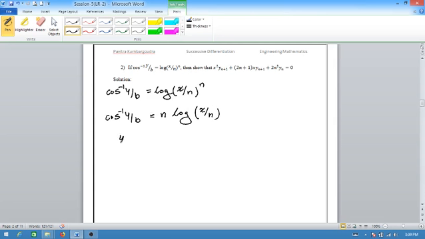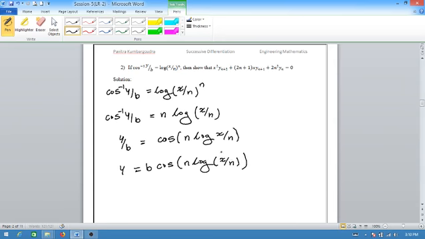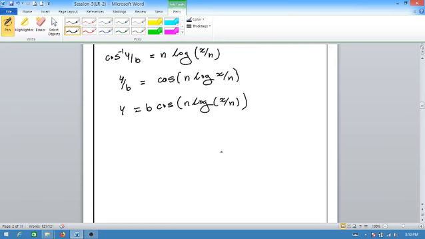Then write y by b is equal to cos of n into log x by n, right? So now y is equal to b into cos of n into log x by n, right?